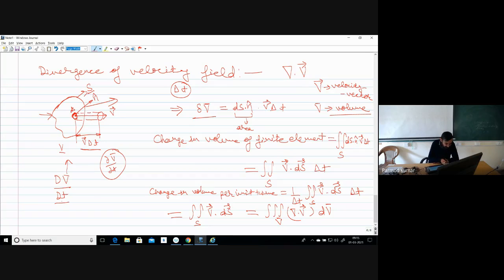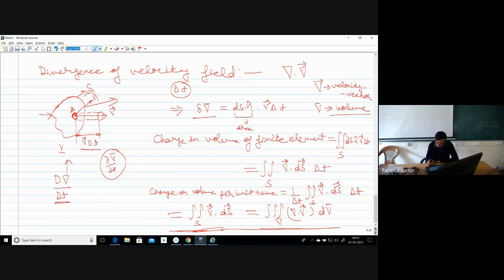Okay, so from the definition of the substantial derivative, I can say that Dv̄/Dt is nothing but the time rate of change of the volume at this particular location, and the time rate of change of volume at this location I have also determined using this mathematical entity while I considered the small elemental surface.